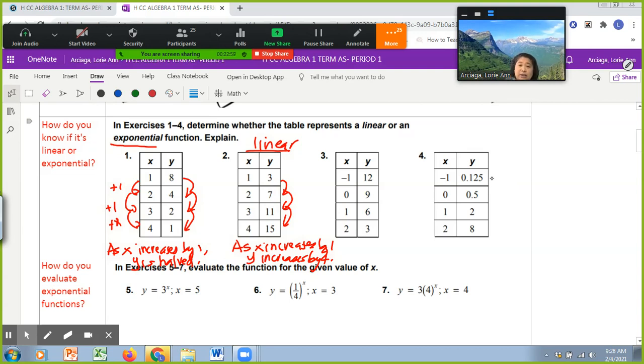What is happening in number 4? Even if you can't figure out what happened to the fractions or decimals, you can figure out what's happening here.